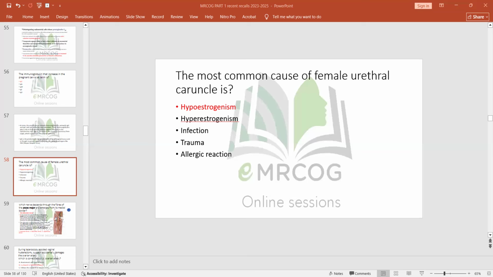Have you ever heard of ovarian hyperthecosis? What happens in ovarian hyperthecosis? Most of the ovarian cells are differentiated into theca cells, not granulosa cells.